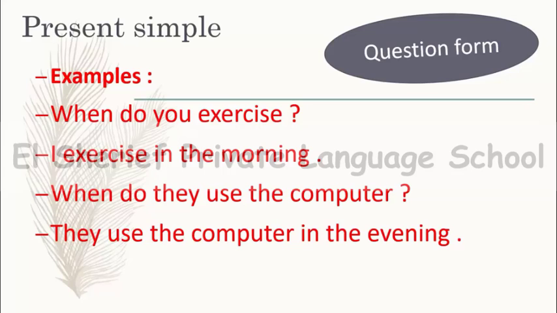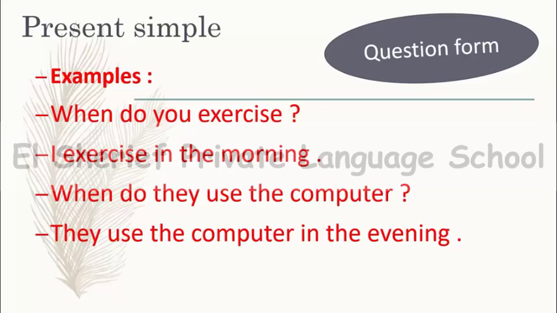Look at the first example, when do you exercise? Today we are asking using when. As you know, we use the question word when to ask about the time. After when we use do, the helping verb.